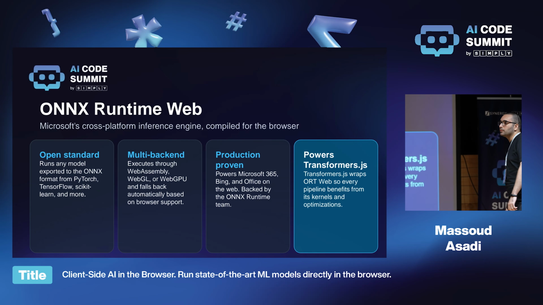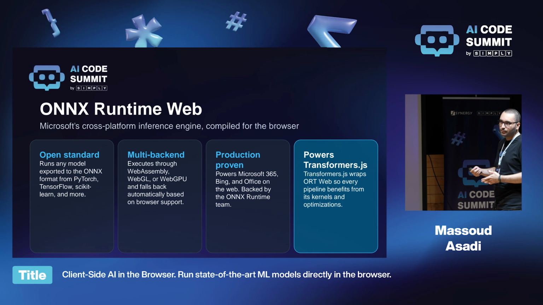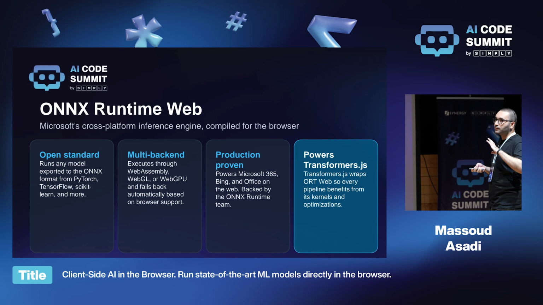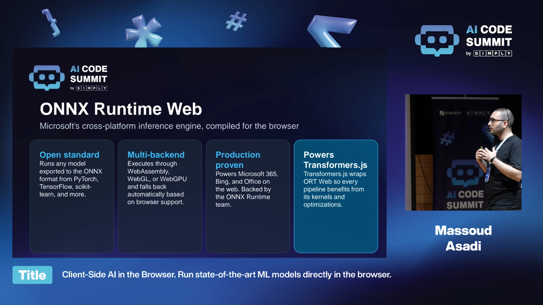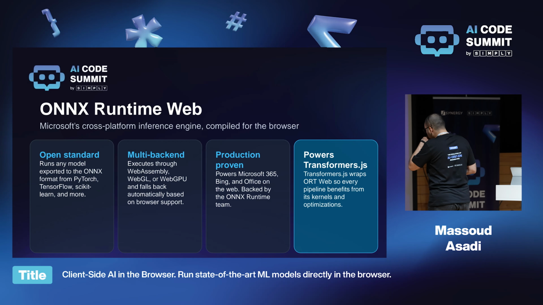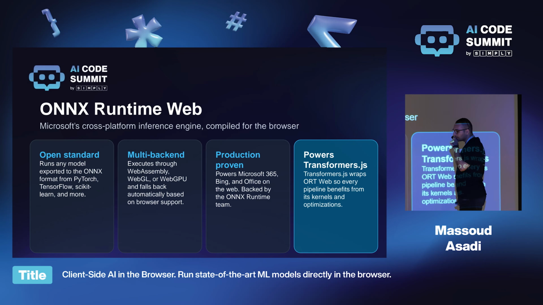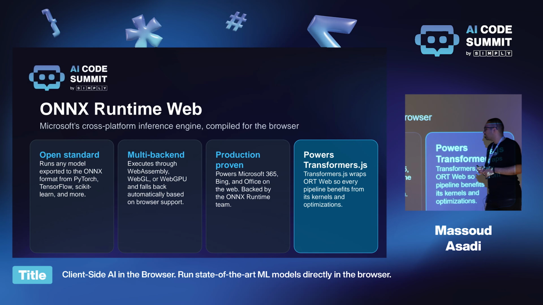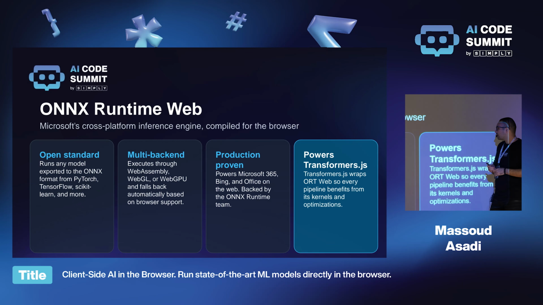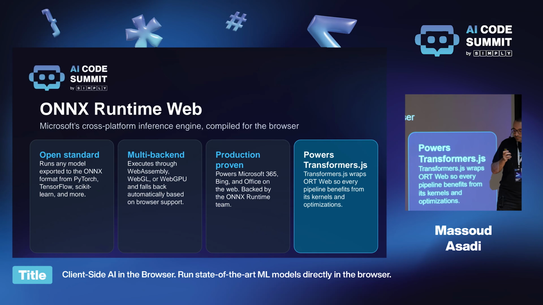They try to develop the best methods to have the highest performance possible that gives you the ability to run everywhere. Actually, they're using it for Microsoft products like Bing, Office on Web, and also they use it in some parts of Azure.